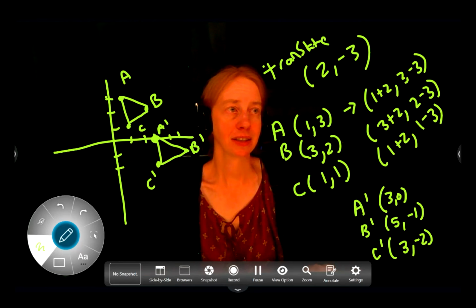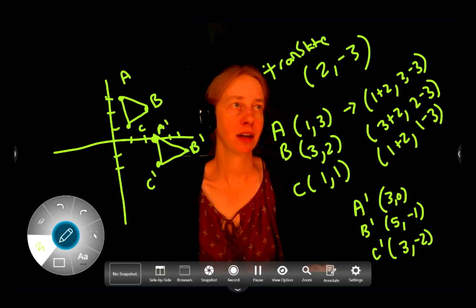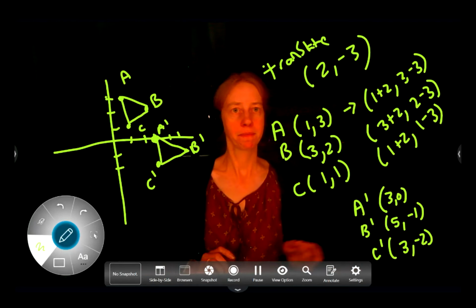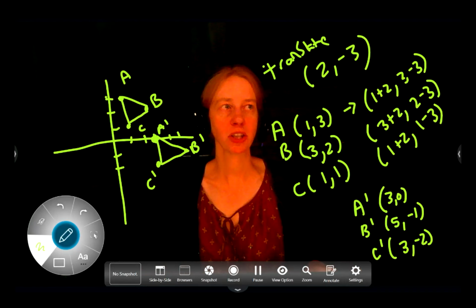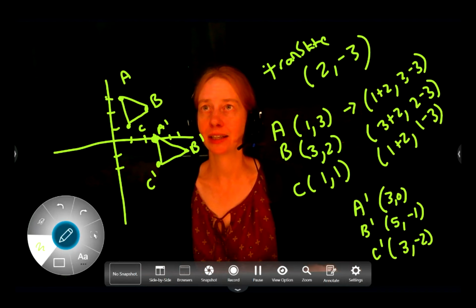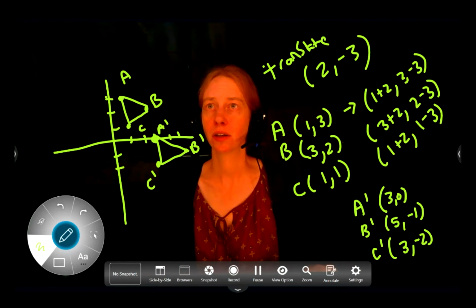If you're doing this in Delta Math, you're going to get 2 kinds of problems. So let me share my screen and show you the 2 types that you'll get in Delta Math. I have a lot going on.